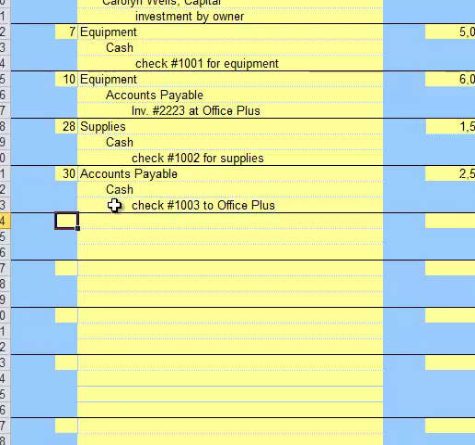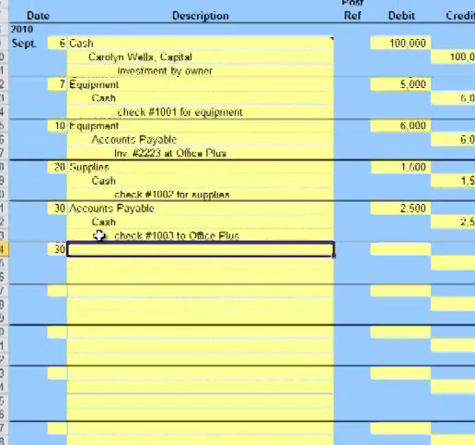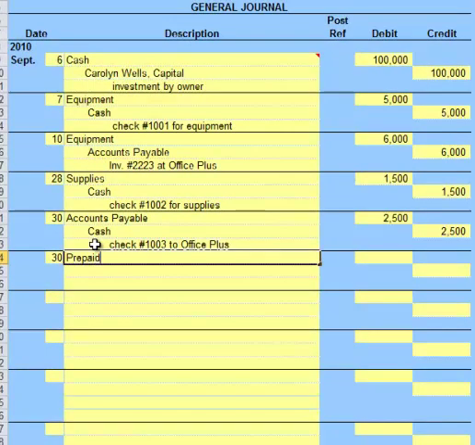All right, on the next page, page 95, toward the bottom, it says on November 30th, Wells Consulting Services wrote check 1004 for $8,000 to prepay the rent for December and January. So I'm going to put in the date. That transaction, I'm going to debit prepaid rent and credit the cash account. So I always list my debit accounts first.